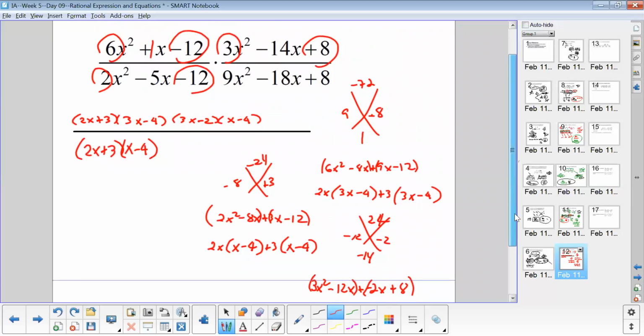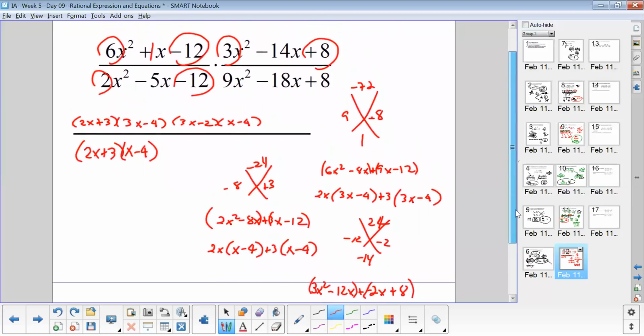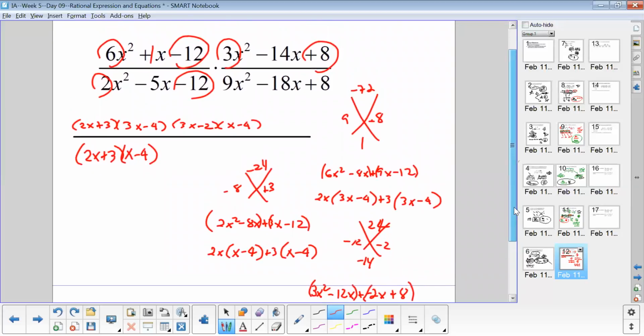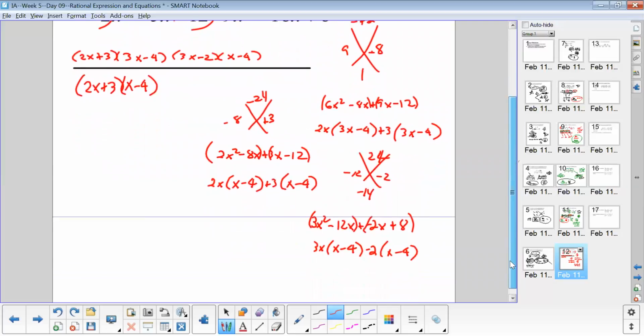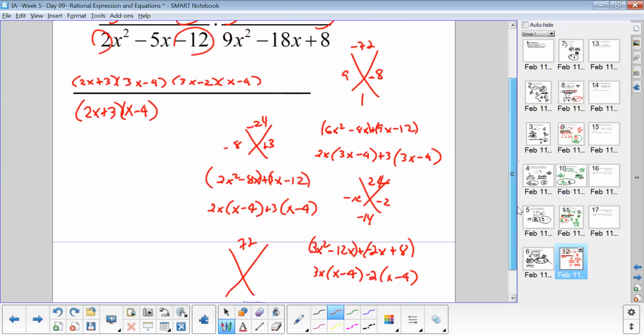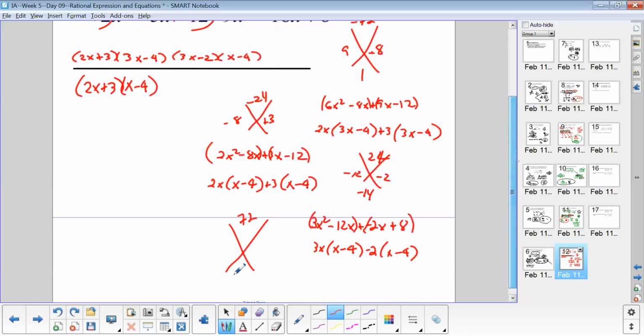One more. I have 9x squared minus 18x plus 8. And remember, 9 times 8, that's going to give me 72. And it's going to be positive 72, but it's got to add to give me negative 18.